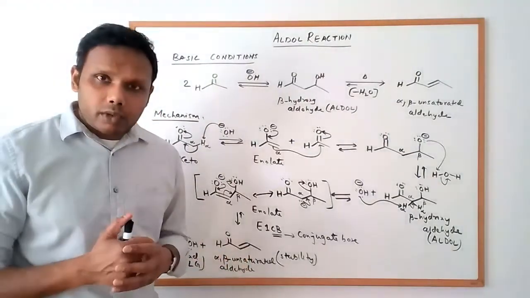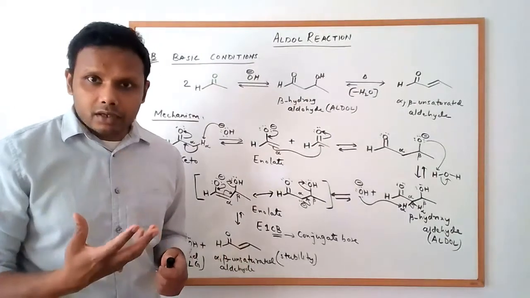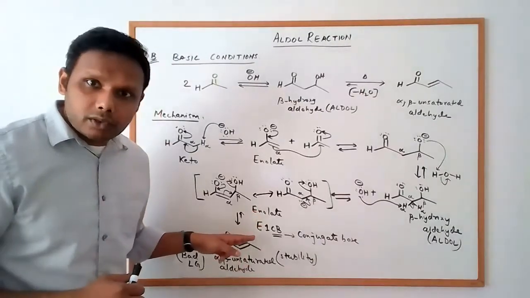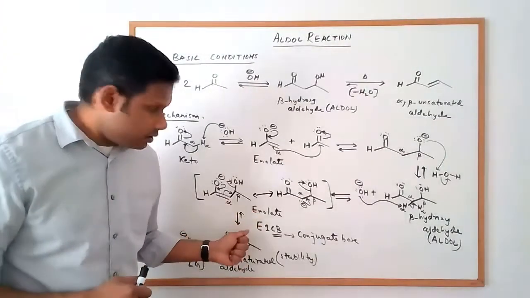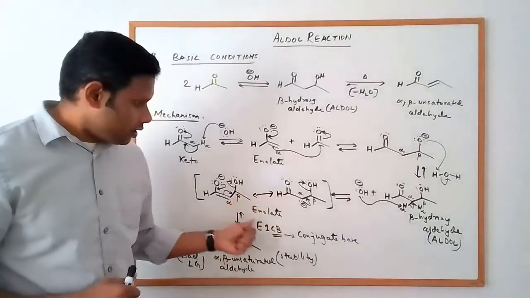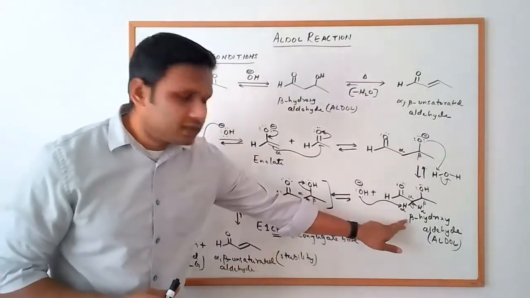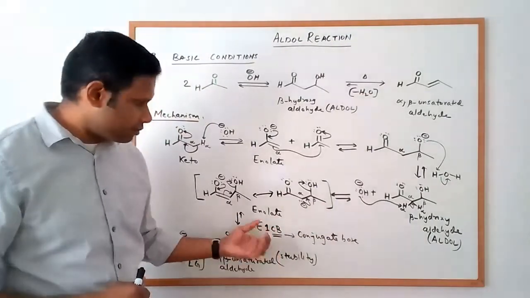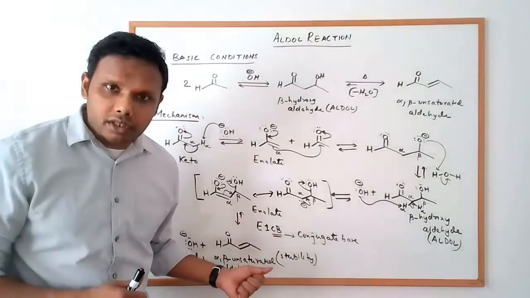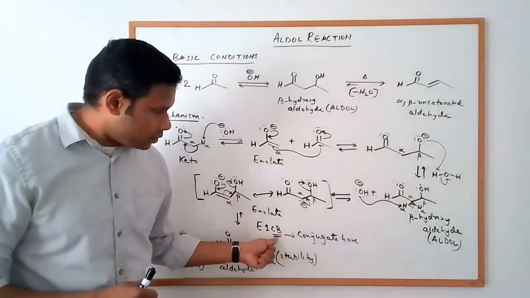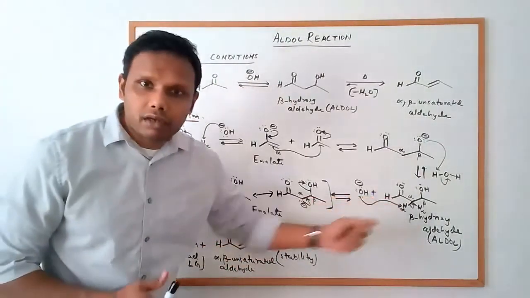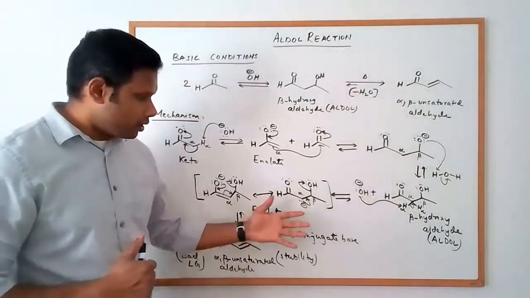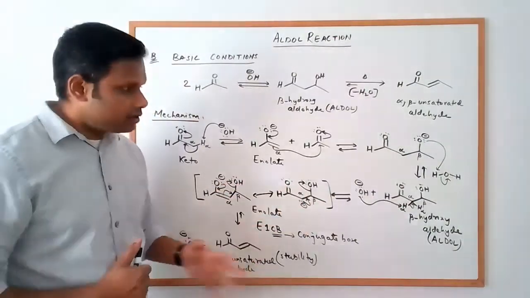In that E1 reaction, our intermediate was a carbocation, whereas in this reaction, our intermediate is a carbanion, which is the conjugate base of this beta hydroxyaldehyde. That's why it's called the E1CB mechanism, because there is an elimination happening here, but it involves the conjugate base of that beta hydroxy carbonyl compound.